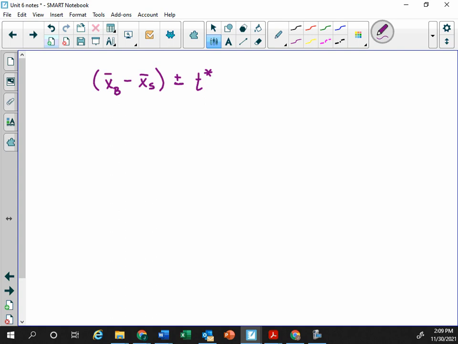Yeah, we didn't know sigma, right? We only had S, so we have to use the T. And then the rest of your formula would be S of the basketball players squared over that sample size plus S sub s squared over that sample size.